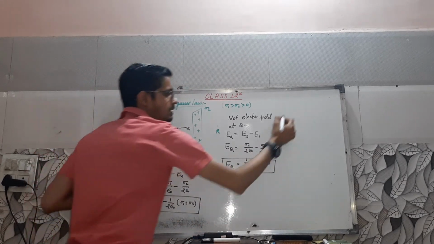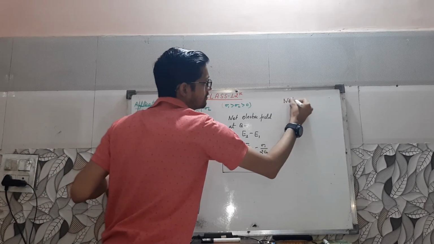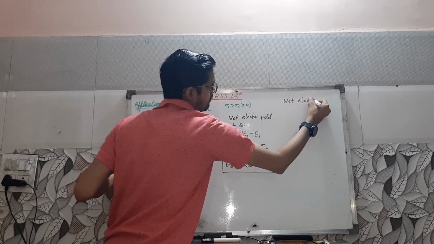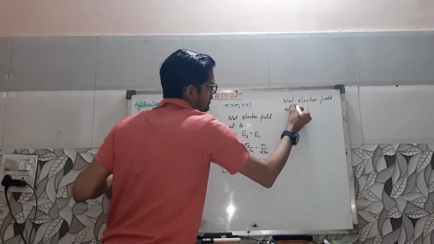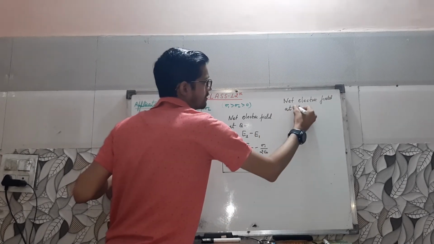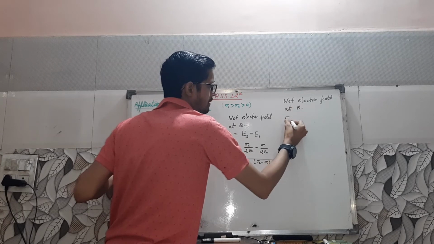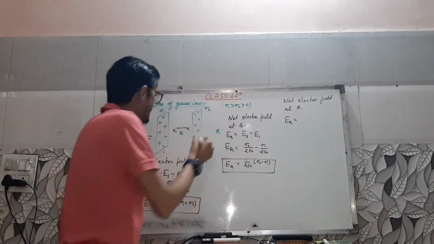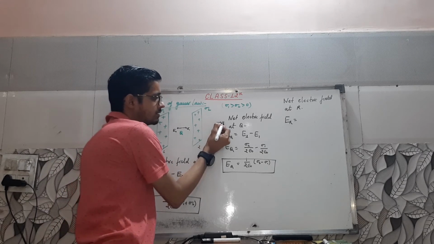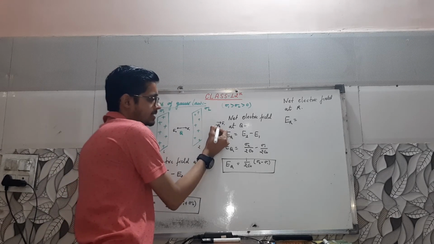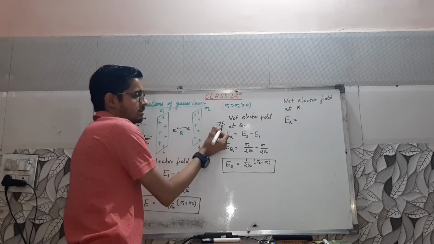Now what is the net electric field at R? What is the direction? Due to this, the answer is in this direction, and for the second sheet again the answer is in this direction.